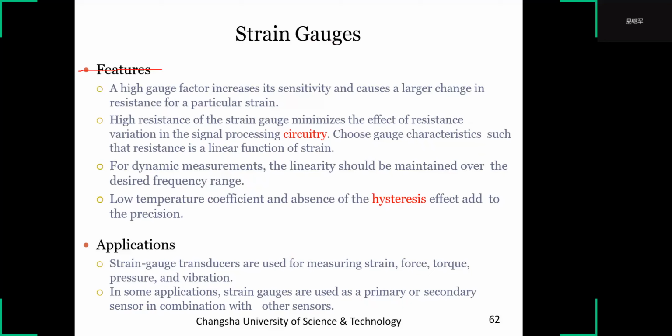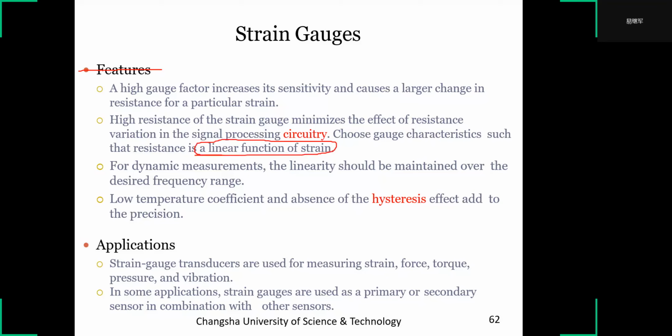High resistance of the strain gauge minimizes the effect of resistance variation in the signal processing circuit. Choose gauge characteristics such that resistance is a linear function of strain.